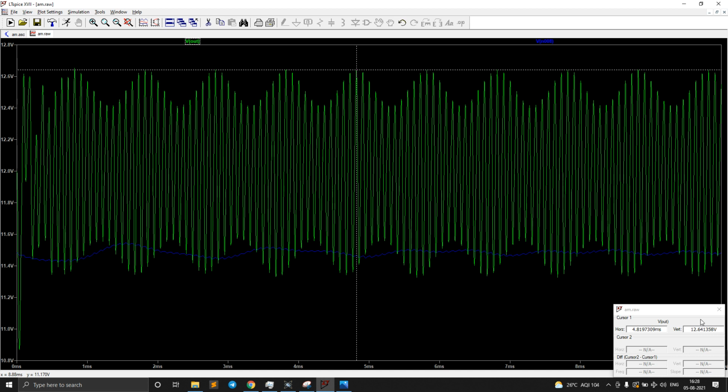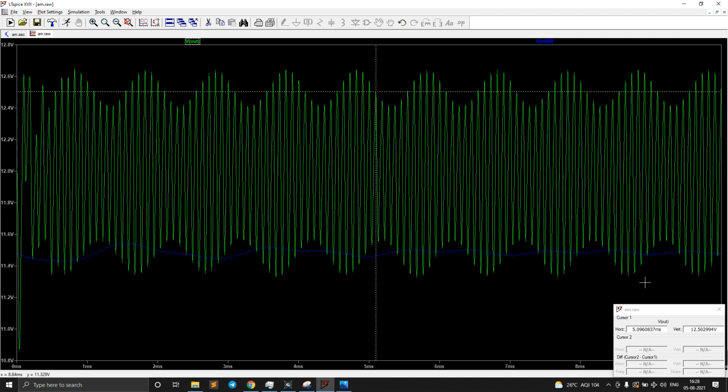This is the A max, and for A min we just need to check this minimum one. Not this one, so this will be the minimum. This will be 12.41. If we consider the midline, it starts from around 12 volt.